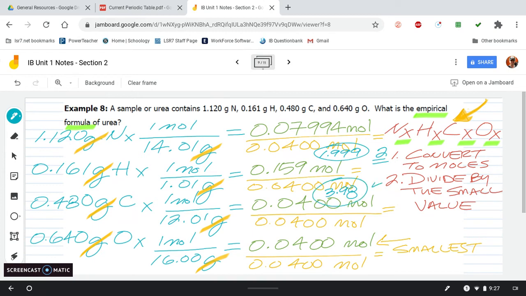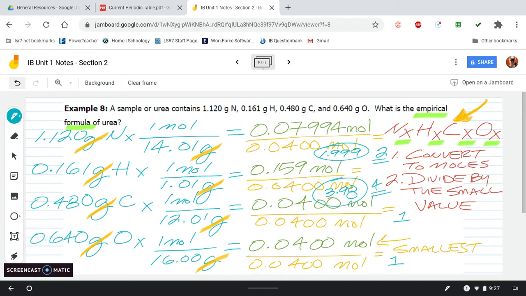We can round that to 4. It's within a tenth, 3.98. Okay, the next one, I don't think I need a calculator for that. That's going to be a 1, and then this is going to be a 1. Okay, so we have created nice whole numbers, a 2, a 4, a 1, and a 1.